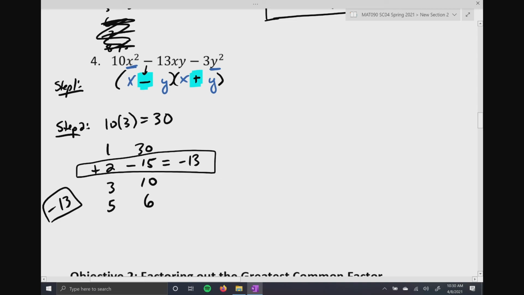All right. So I'm going to write step 3. I'm going to write negative 13x equals 2x minus 15x. I want everyone to pay attention. Do not write this down. Everybody look at the screen. We have 2 options.